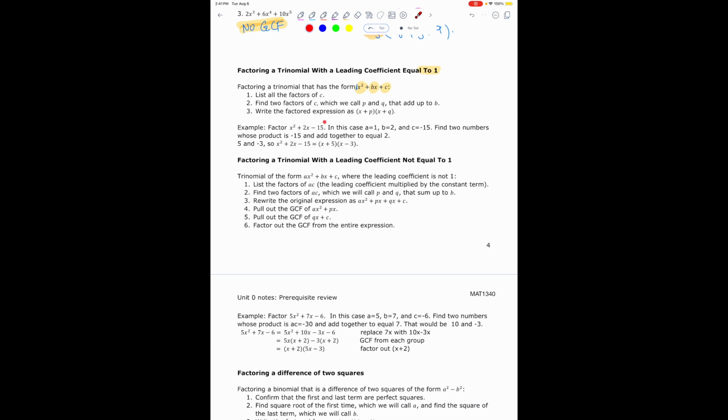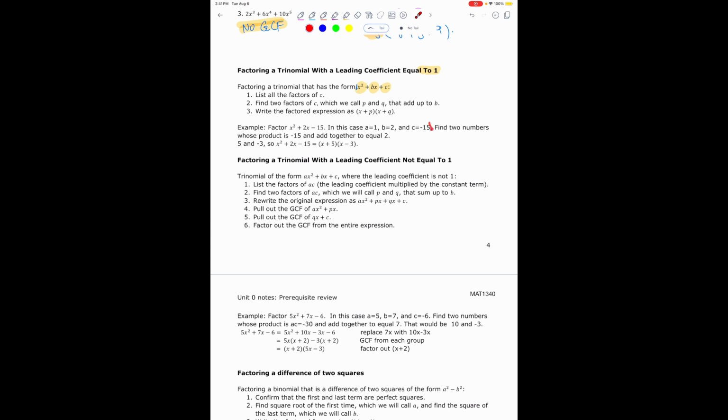If we want to factor x squared plus 2x minus 15, notice how the leading coefficient is 1. Now, b is 2 and c is negative 15. Make sure you take the negative sign in here, and b is positive 2. So we want to find 2 numbers such that their product is negative 15 and their sum is equal to 2.